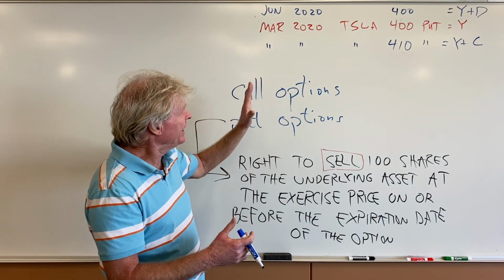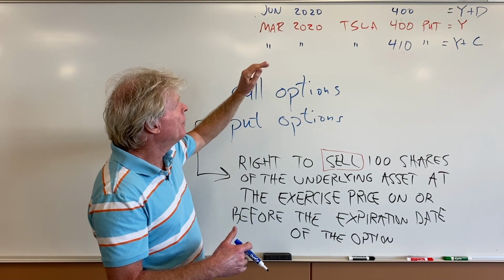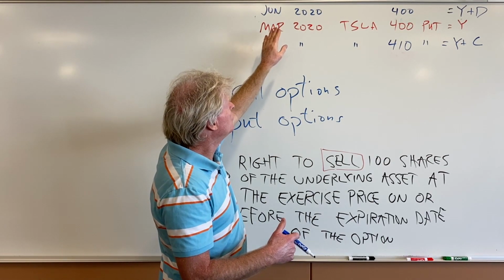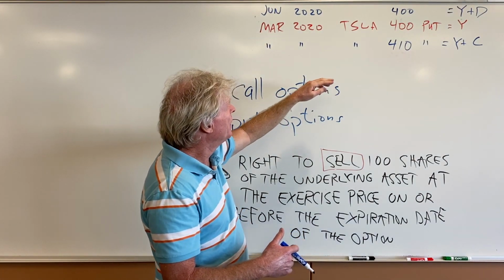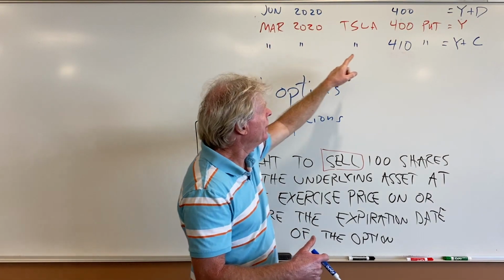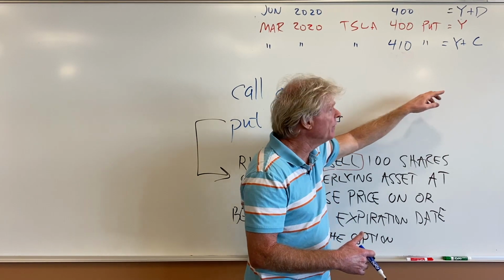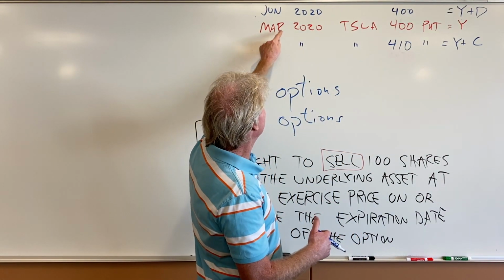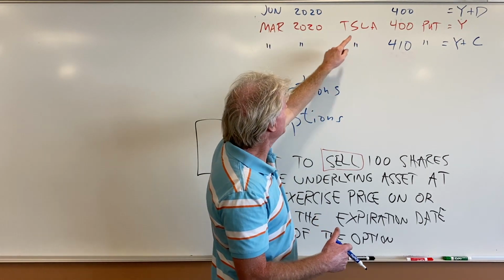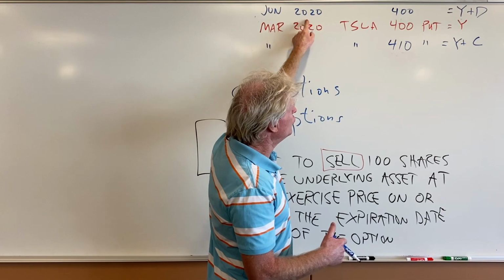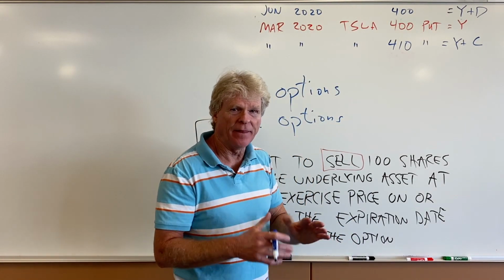But again, in review with put options, relative to the March 2020 Tesla 400 put, a put with the same expiration date and a higher strike price will have a higher price in equilibrium, and compared to the same March 2020 Tesla 400 strike put, a 400 strike put expiring in June will have a higher price in equilibrium. And that's all for this.